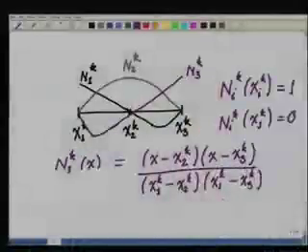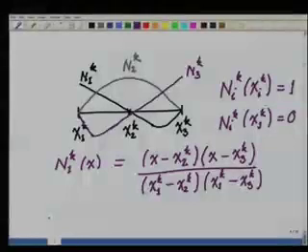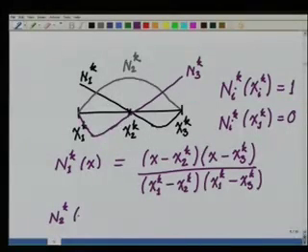So, by the same token, can we define n2k? Remember, we are defining these things only in the element ik. This will be equal to what? Very simple.